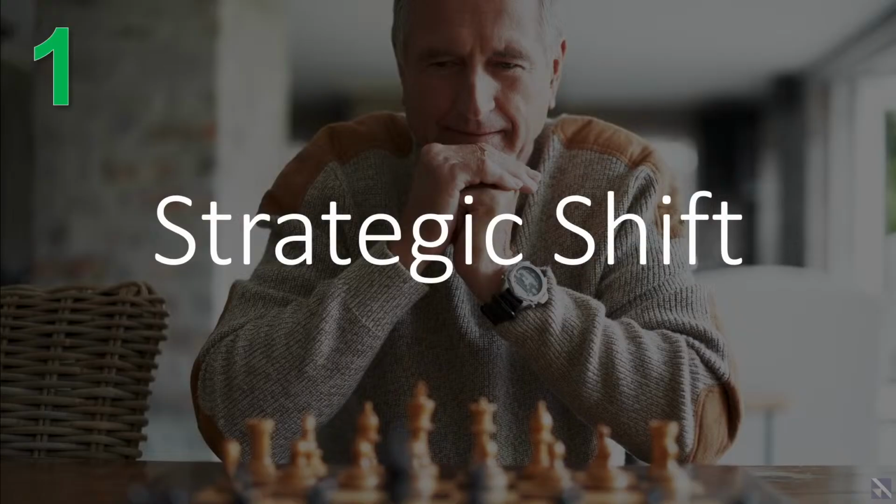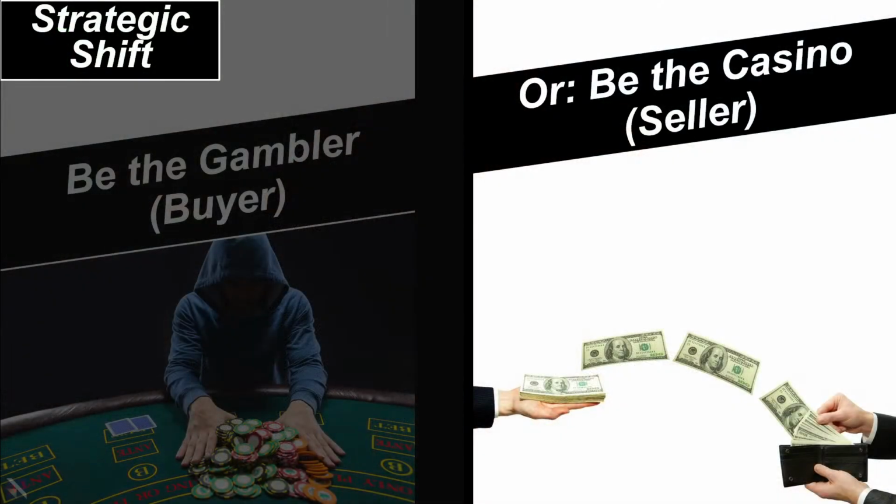But the first thing you need to know to generate that income with options, it's a bit of a strategic mindset shift. You're either going to continue being the gambler where you lose more than you win, or you're going to become an option seller and win more than you lose. Being an option seller is the way you can make consistent income, and it allows you to win even when you're wrong.